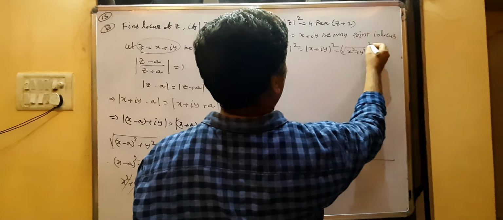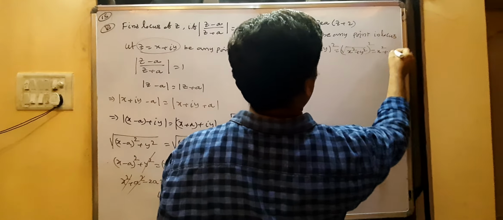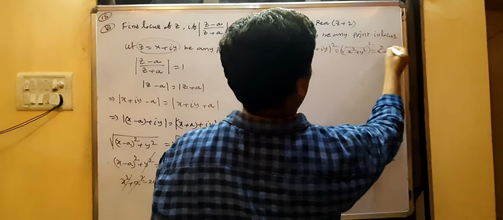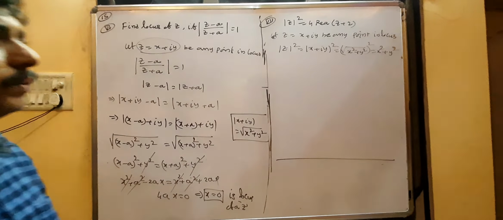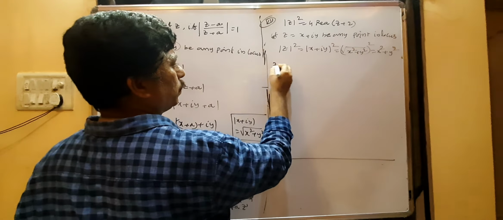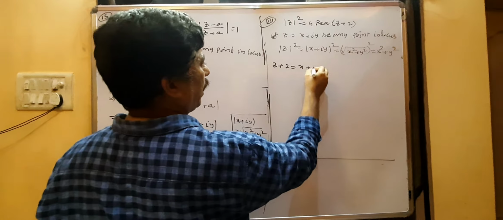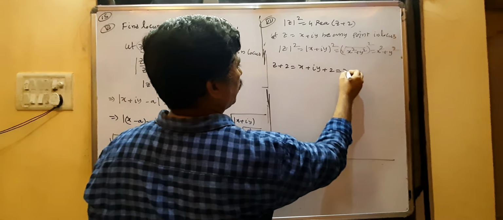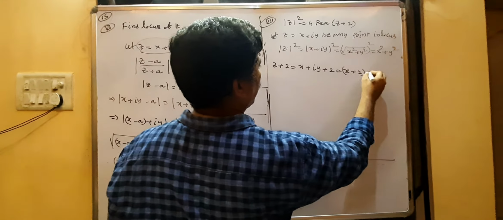The root and square cancel, this is x square plus y square. What is the right side here? 4 times the real part of z plus 2. Z plus 2 is x plus iy plus 2, that is x plus 2 plus iy.